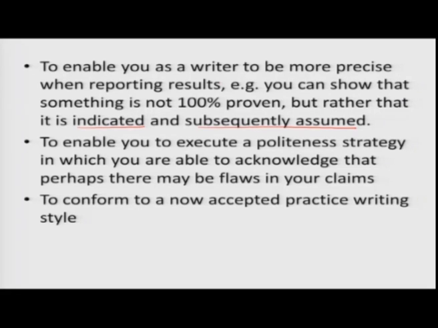Next, to enable you to execute a politeness strategy in which you are able to acknowledge that perhaps there may be flaws in your claims. This is very important. I have already mentioned this. You may have controlled all the variables, and you may have followed all the conventions, but there is always some scope for errors.